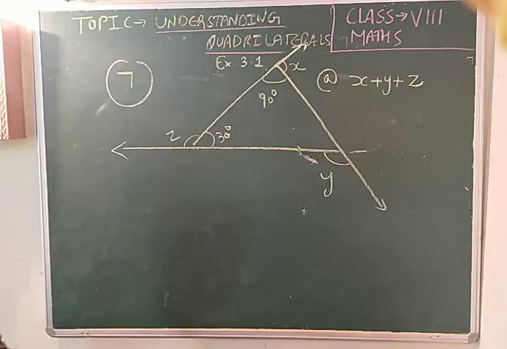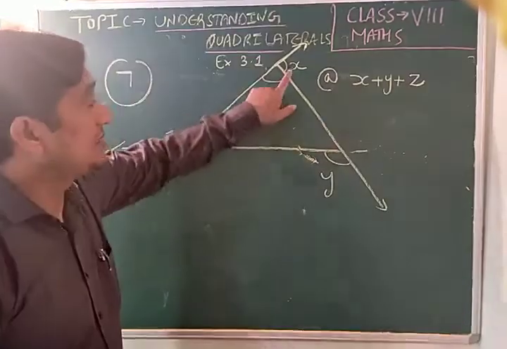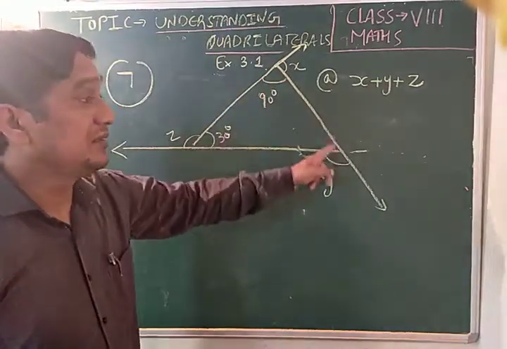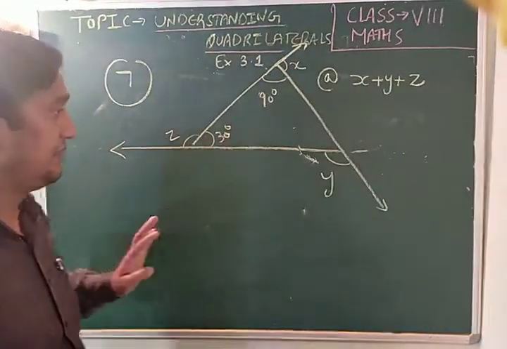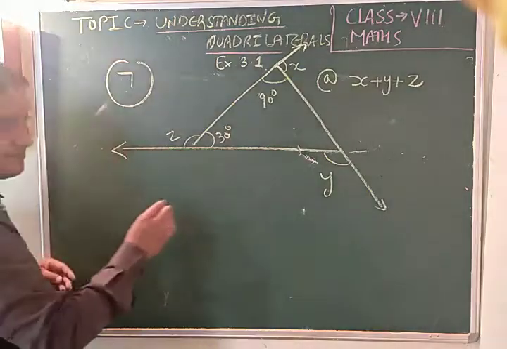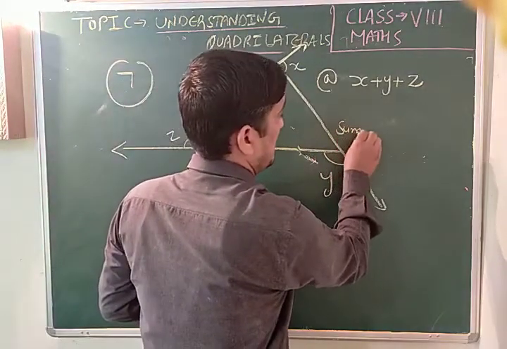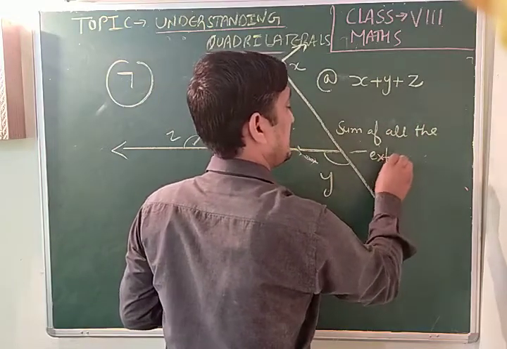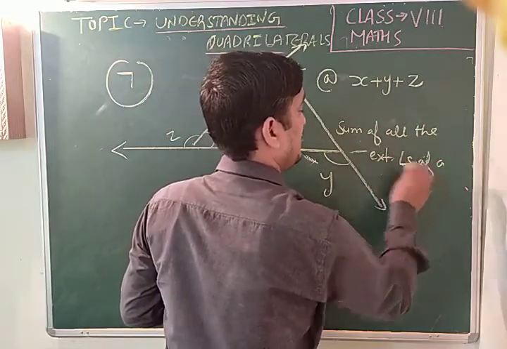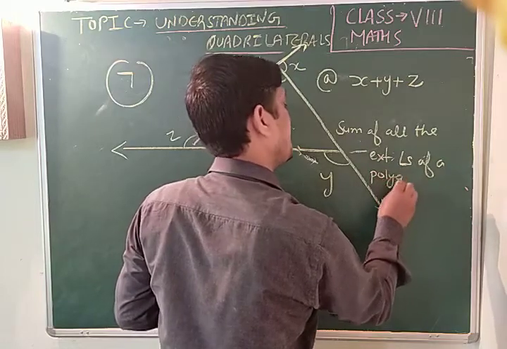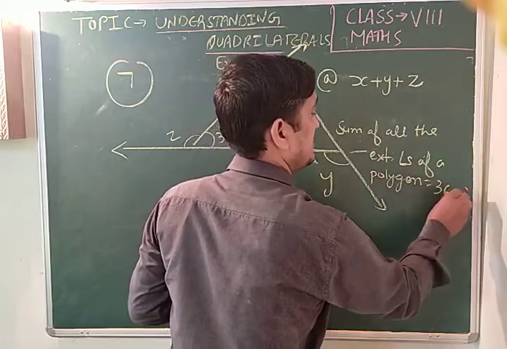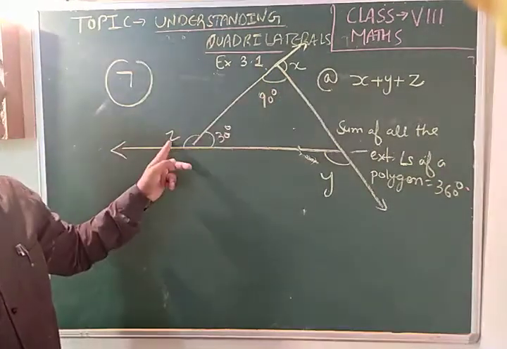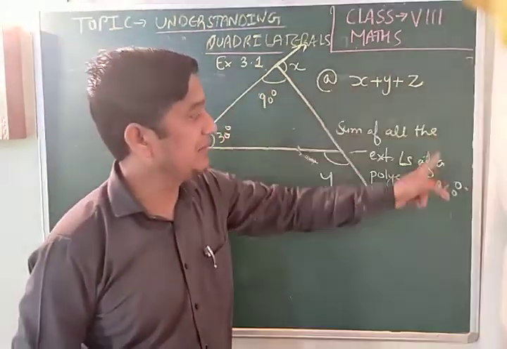Children, we know that the sum of all the exterior angles of a polygon is 360 degree. So here also x, y, z, the sum of all these angles becomes 360 degree.